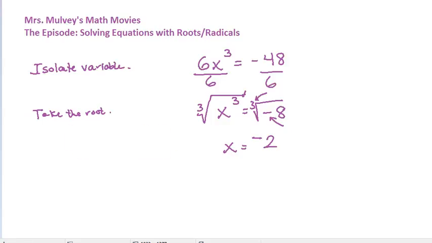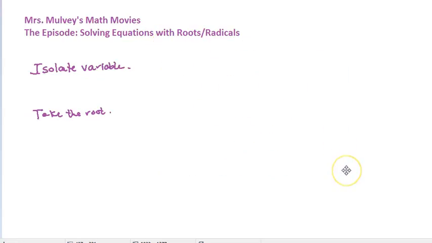So let's look at one where it takes a little bit more work to isolate the variable. Let's take a look at this one. 64y cubed plus 125 equals 0.